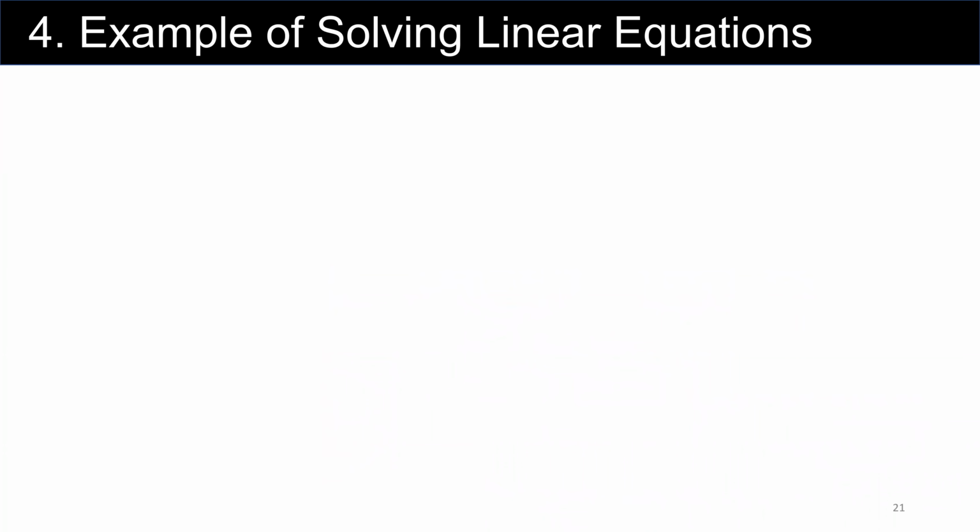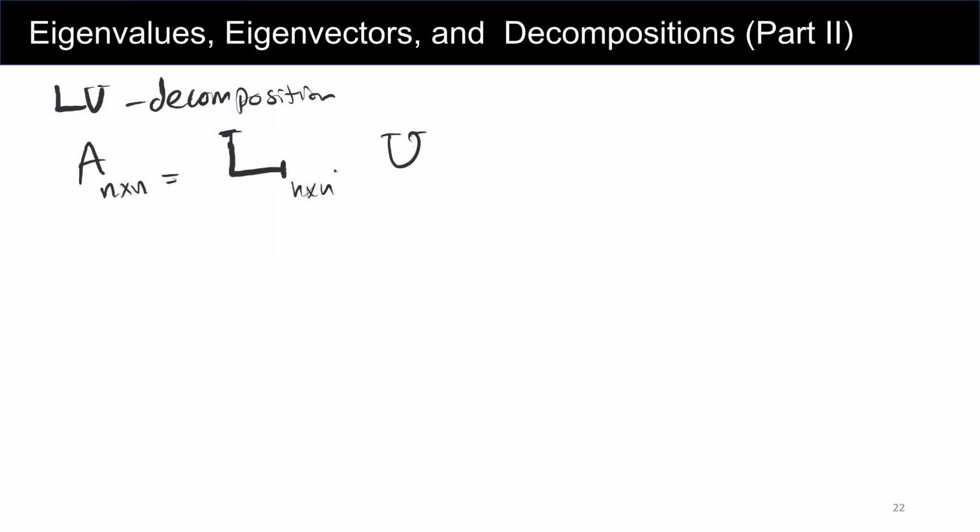All right, in this lecture, we talked about LU decomposition. The purpose of LU decomposition was having the input A, which is an n by n matrix, and decomposing it into two components, a lower triangular component and an upper triangular component.